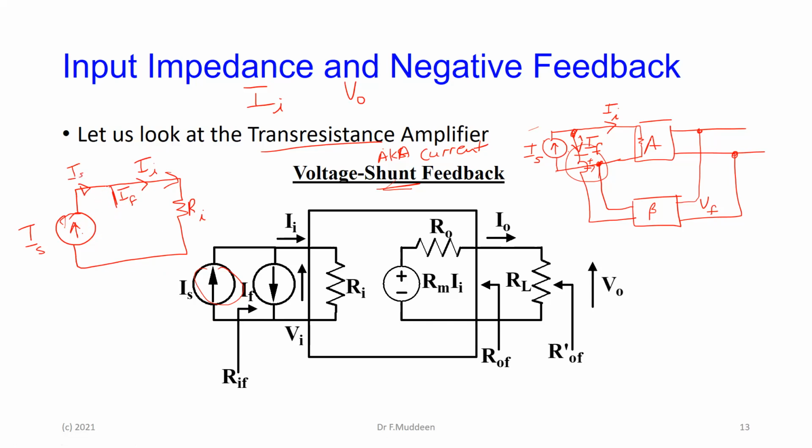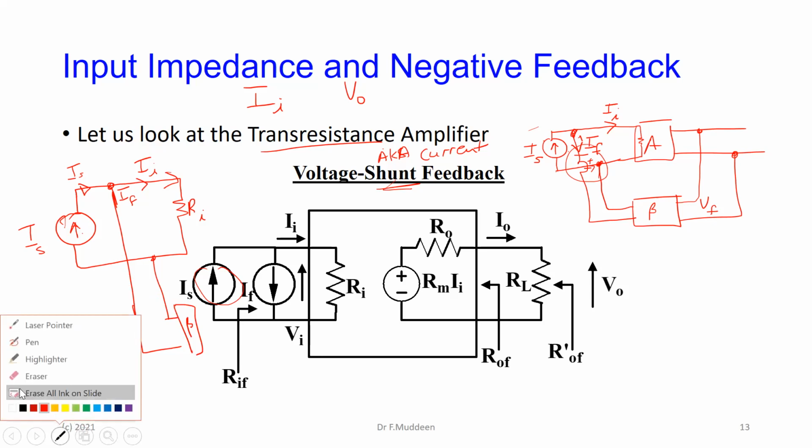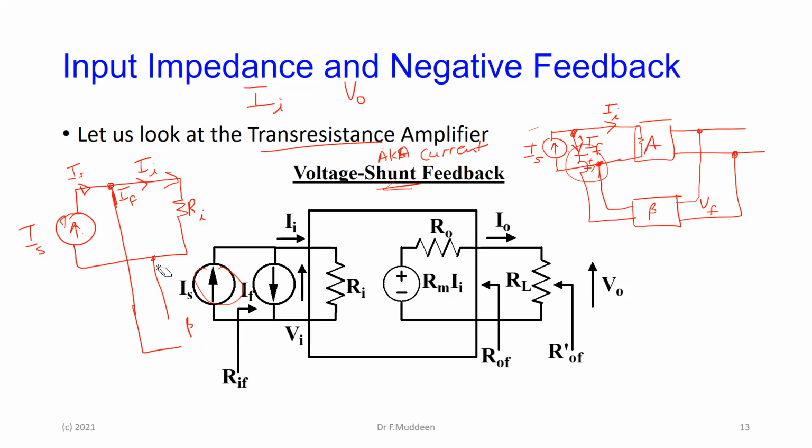So I can either draw it like what I did here and send that back to the network. So the feedback is coming via the network, or I could get rid of the network, so I don't have to draw that, and then just put the network as supplying a feedback current.